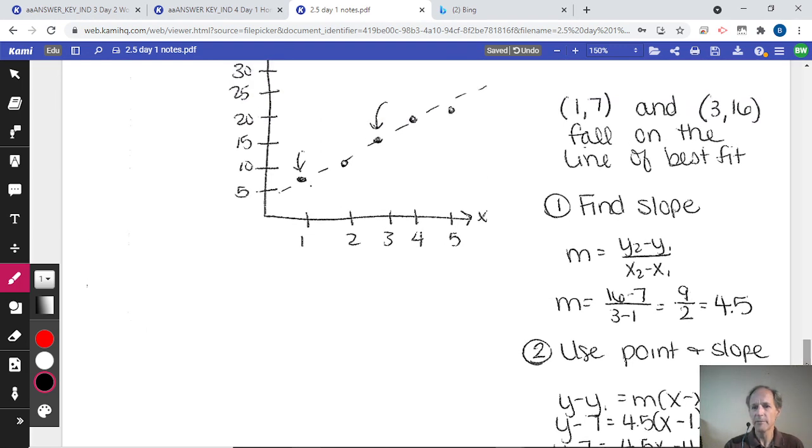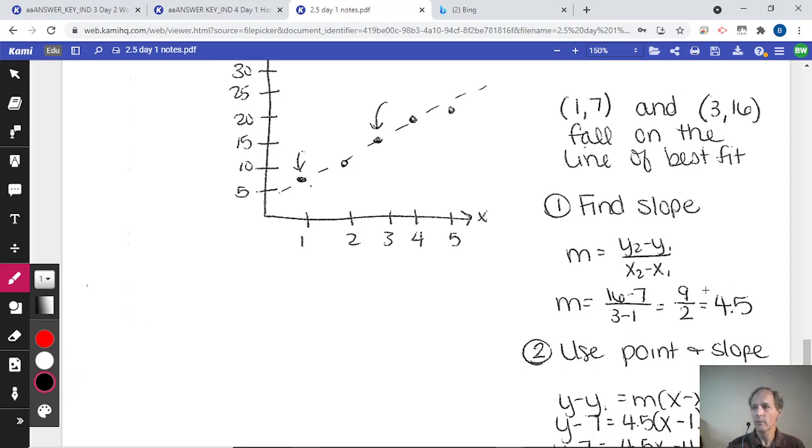And then that comes out to, y sub 2 minus y sub 1: 16 is your y sub 2, 7 is your y sub 1, the y coordinate of the other point. x sub 2 minus x sub 1, that's 3 minus 1. And that comes out to 9 over 2, or 4.5. So now we have the slope.